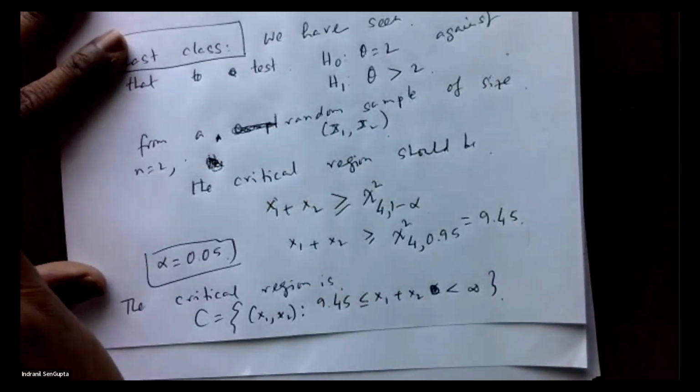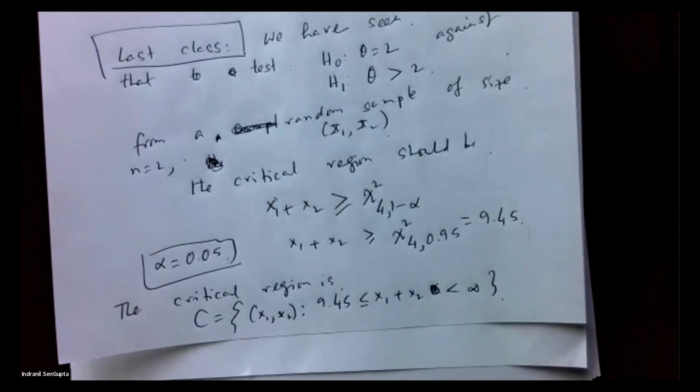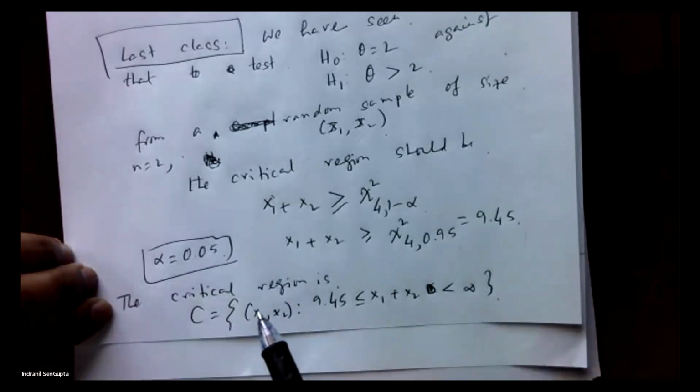That is something we have seen before. This is based on the last two examples of the last class. This is for the best test and the best critical region.